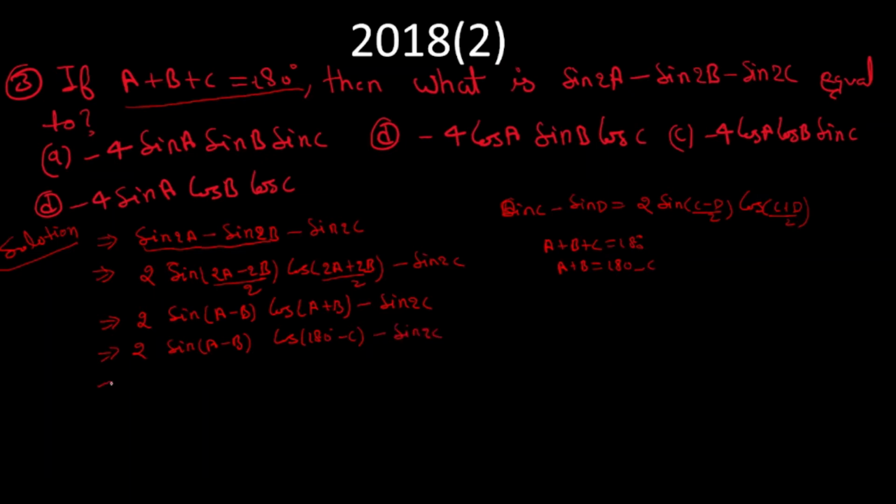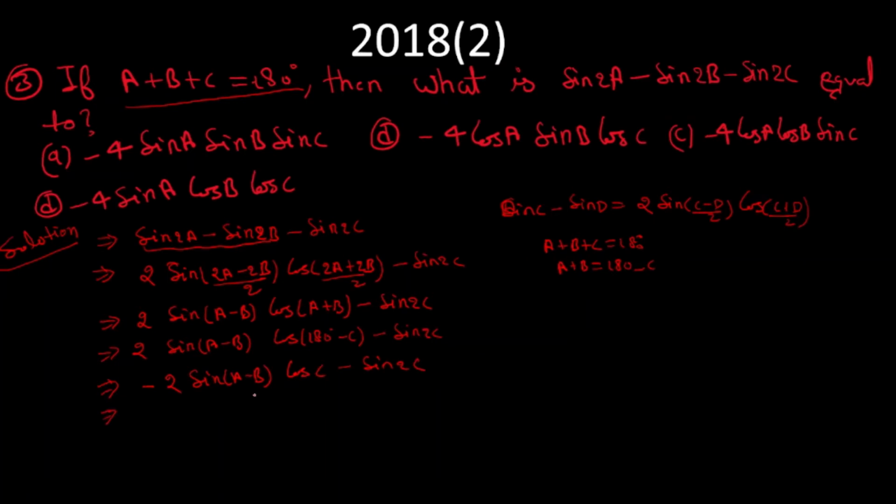Yes, cos 180 minus c is minus cos c. So here we get minus 2 sine a minus b cos c minus sine 2c. Yeah, we got this.